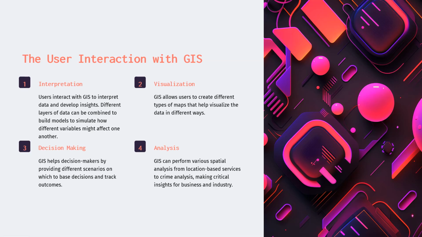Okay, and the user interaction with the GIS, because you need to understand for which purpose you want to use that particular data set. Okay, first of all, interpretation, what you want to interpret, and summarize the facts, especially to use for the research paper. Okay, the second one is the visualization. The GIS allows users to create different types of maps to help visualize the data in different ways.